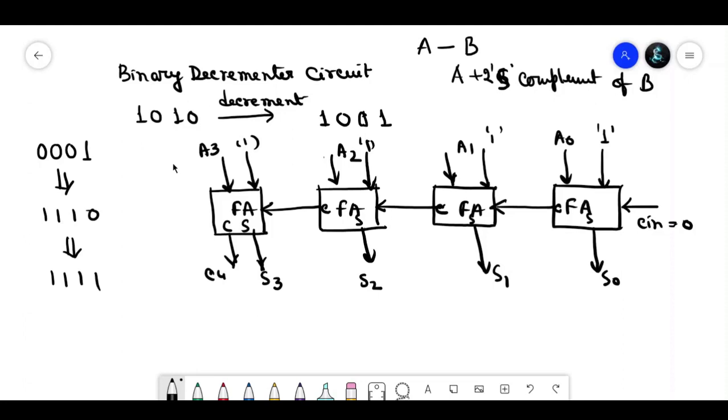Thus the binary number 1111 means minus 1 in decimal.